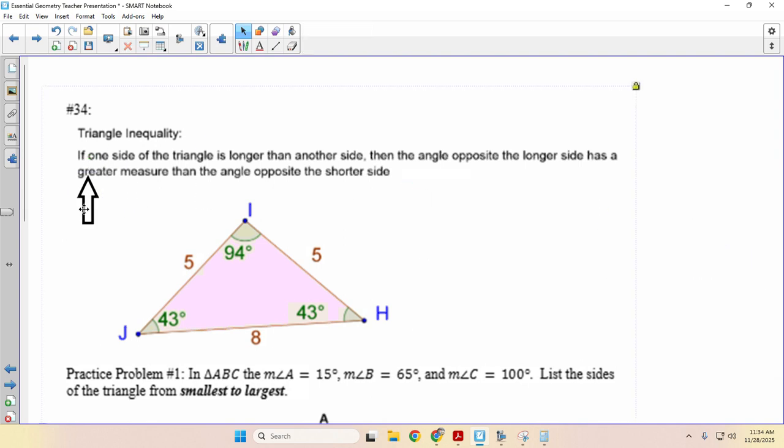If one side of a triangle, let's take this one, JH, is longer than another side, this side, JI. So 8, we can all agree 8 is longer than 5. Then the angle opposite the longer side, so we look at 8, who is opposite of 8? Oh, it's this 94 right here. It has a greater measure than the angle opposite the shorter side.